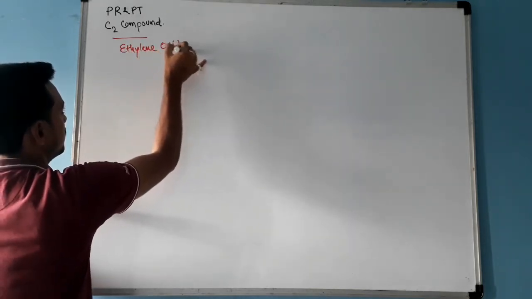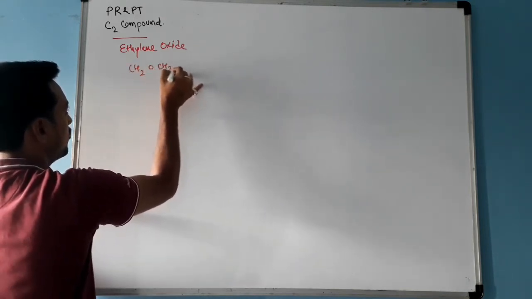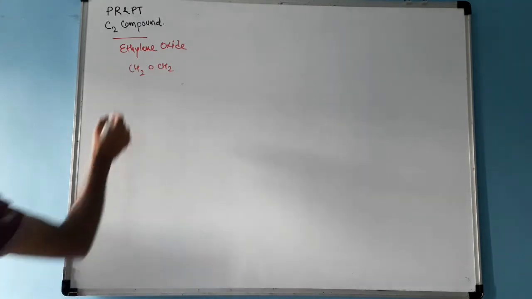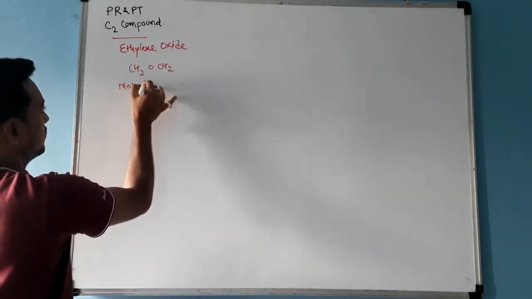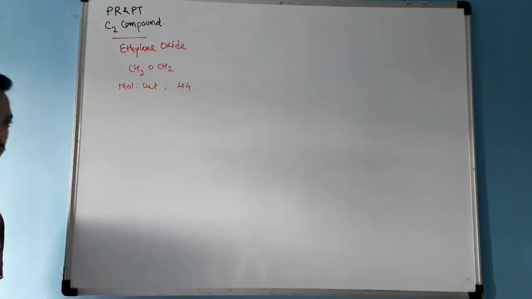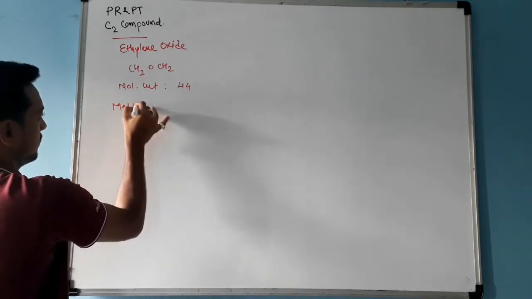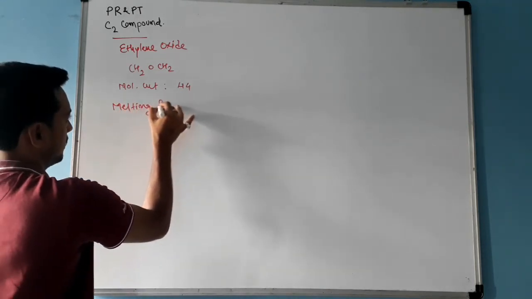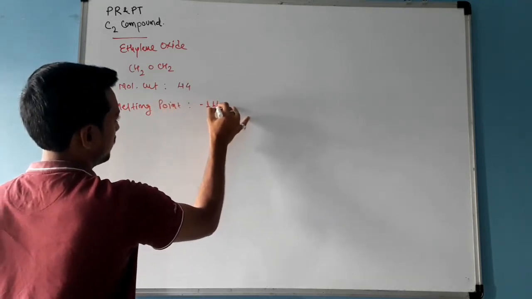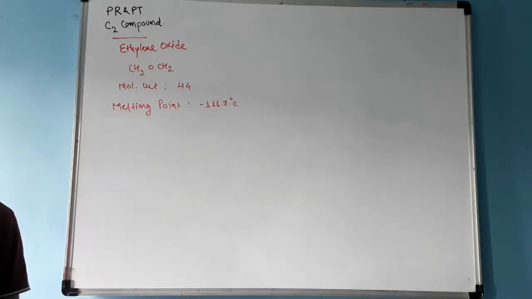Ethylene oxide. Formula is C2H4O, that is CH2 CH2 with an oxygen bridge. Molecular weight almost 44. Melting point minus 111.7 degree Celsius.